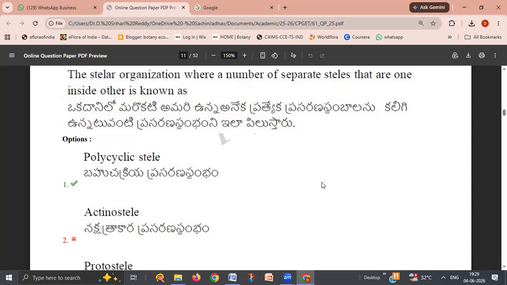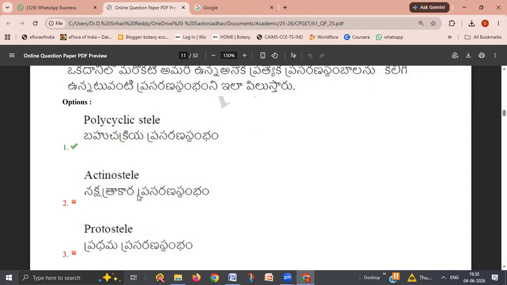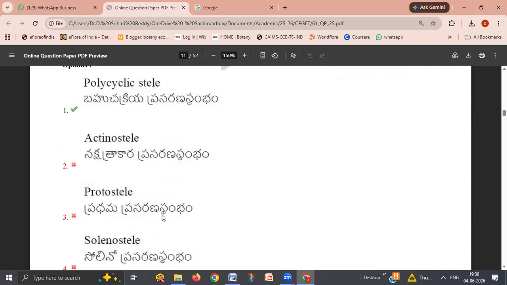When the vascular bundles are arranged in a scattered condition, that is called atactostele, which is observed in monocots. Here we find actinostele and protostele.